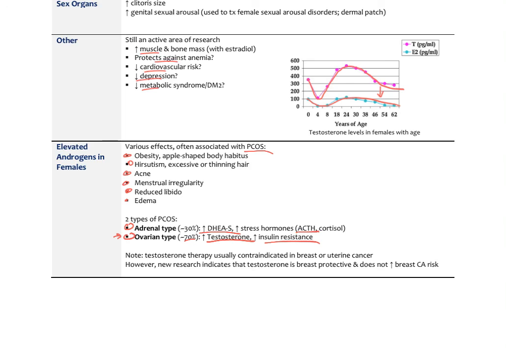So those would be some of the clinical manifestations of high androgens. We usually think that testosterone therapy of any sort, like giving testosterone replacement, is contraindicated in breast and uterine cancers because those often have receptors for estrogen and/or progesterone, and testosterone can be aromatized right into the estrogens, and that can drive the cancer growth. That said, some of the new research actually finds that testosterone along with other hormones can be protective in those cases.